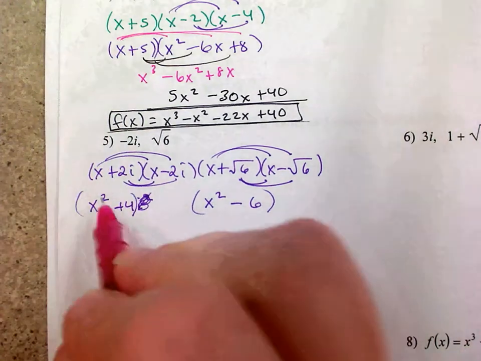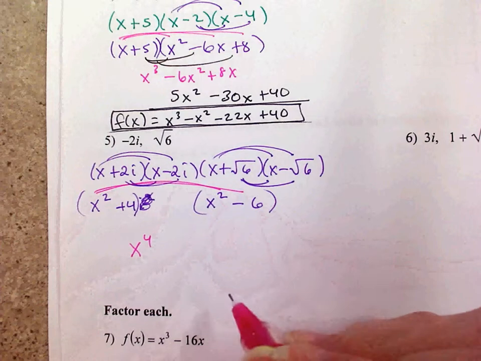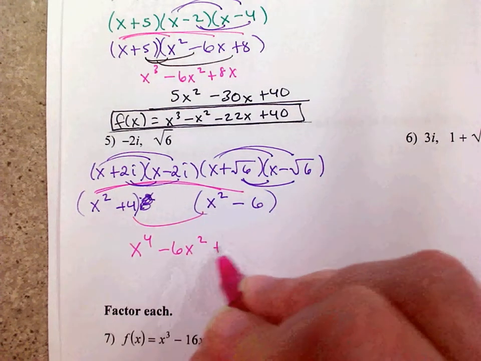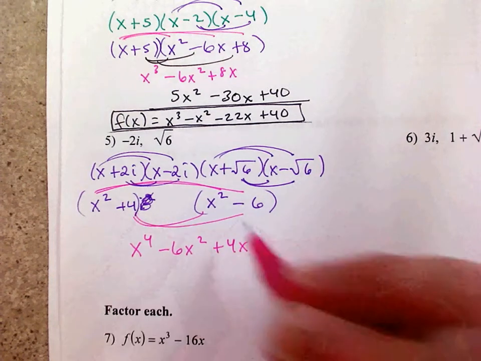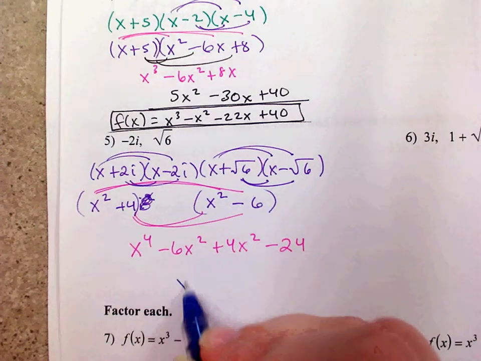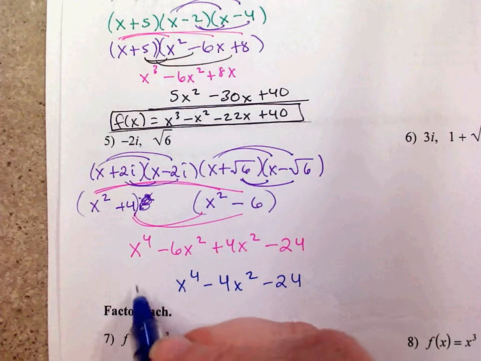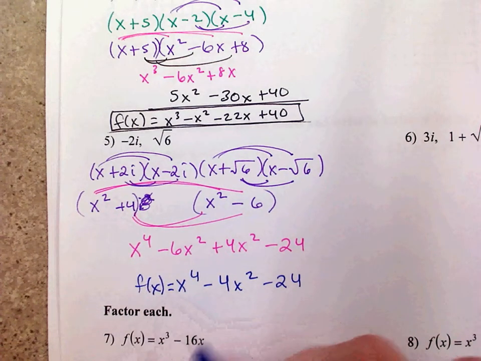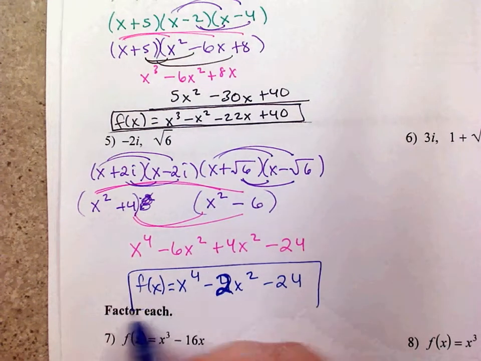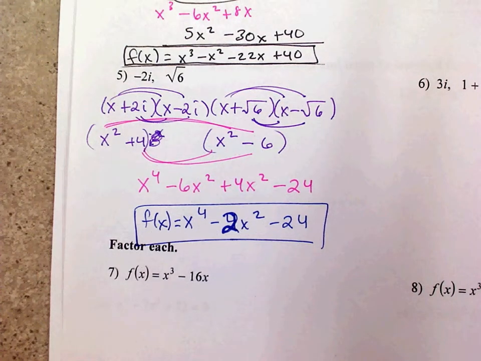So x squared times x squared, x squared times negative 6, 4 times x squared, and then 4 times negative 6. Final answer? Oh yeah, I can add. There we go. We good? Okay, let's keep going.